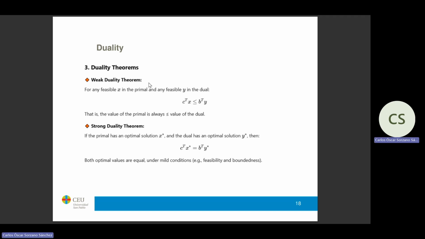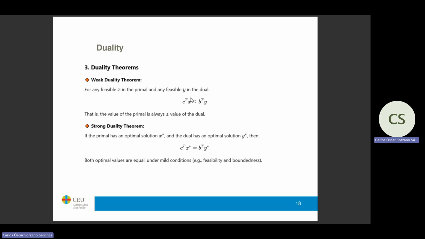And there is also this theorem that says that for any feasible X in the primal problem and any feasible Y in the dual problem, the goal function of the primal problem is always smaller or equal to that of the dual problem.